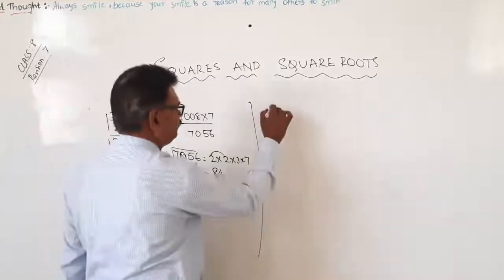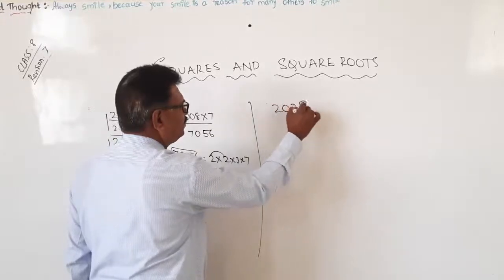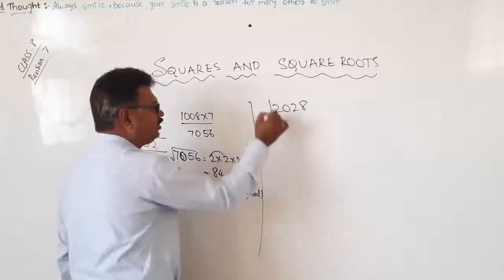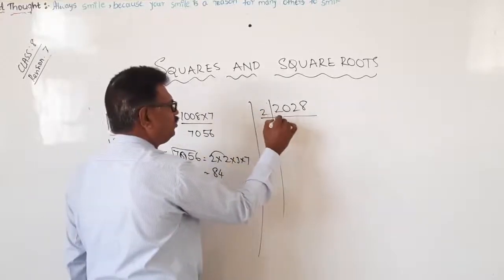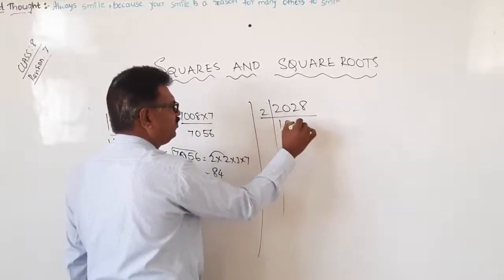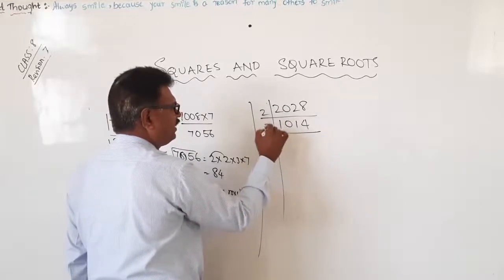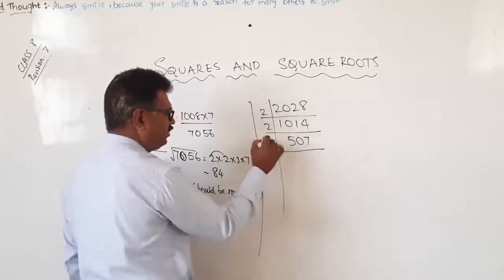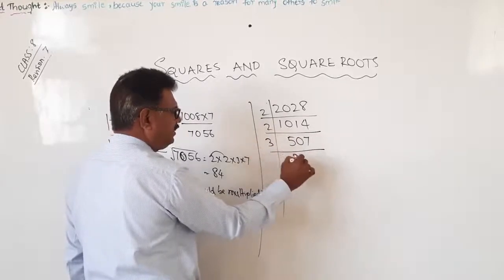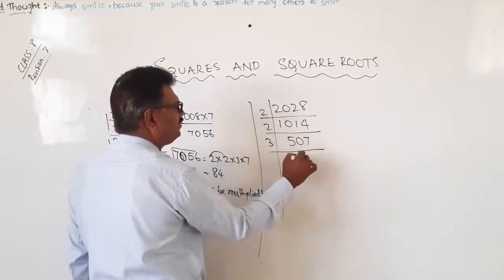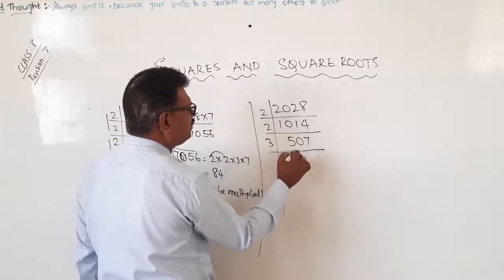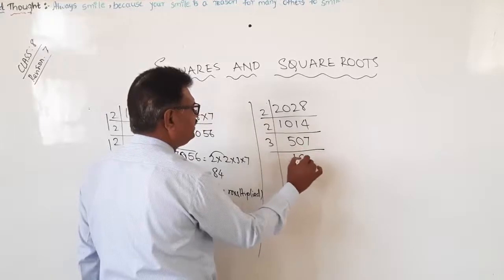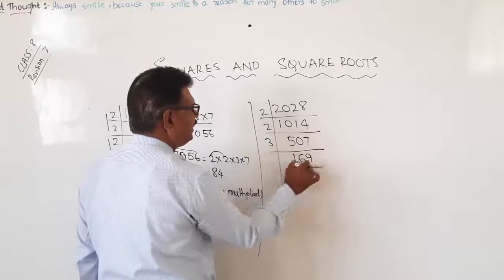2028. 2028 means 2 into 1014, 2 into 507. Now it will become 3 into 169, 3 into 169.